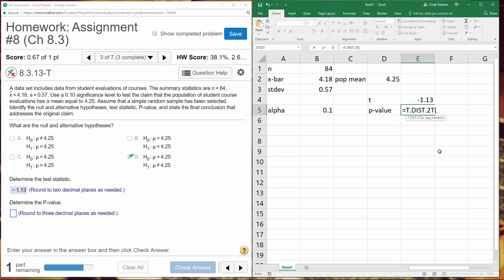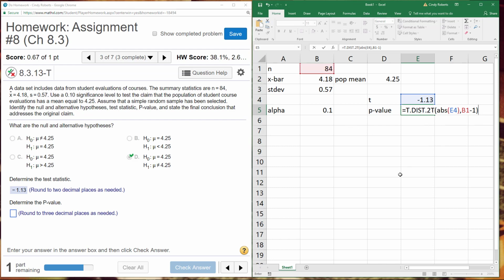So what I do, again, is reference cells. I could just type 1.13, right? But I use ABS, which says the absolute value of that number. In other words, just make it positive. And then comma, my degrees of freedom, which is my sample size minus 1. So this is a t distribution, a two-tail.